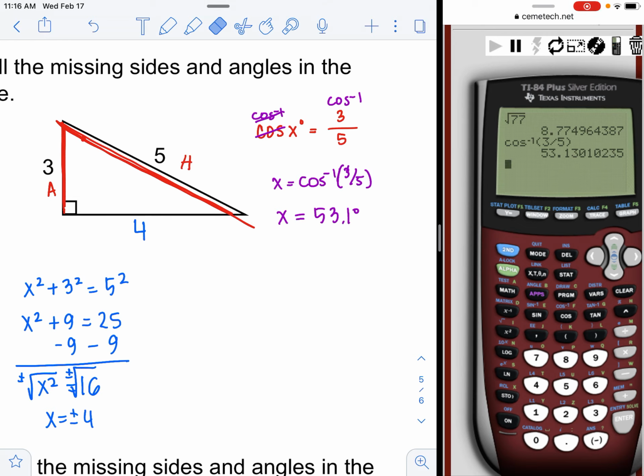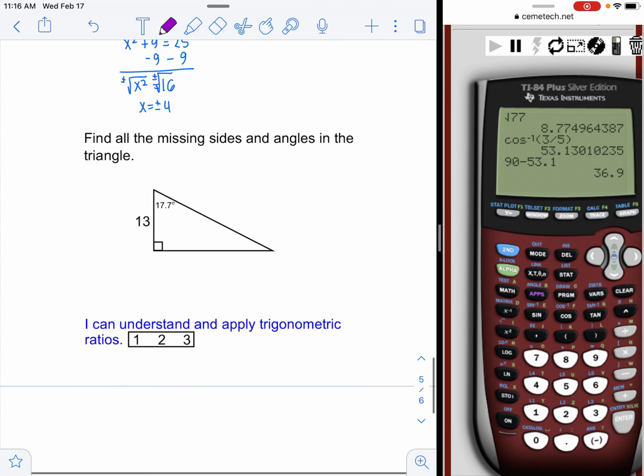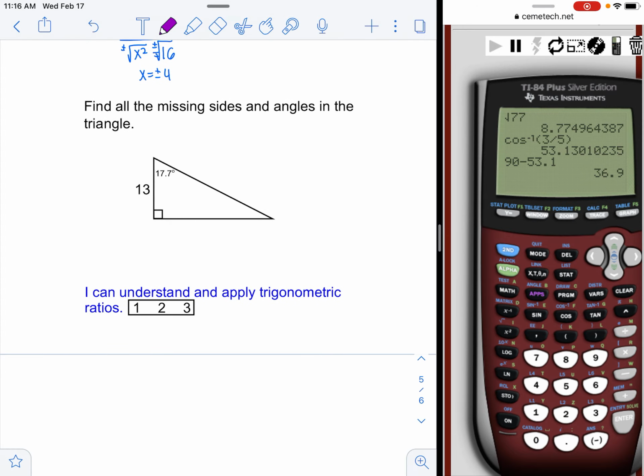This is an angle, so we're doing the nearest tenth. 53.1 degrees. So now I'm going to erase the x and put 53.1 degrees. What about this angle? I can get it real quick by doing 90 minus 53.1. Hit enter, and I got 36.9 degrees.